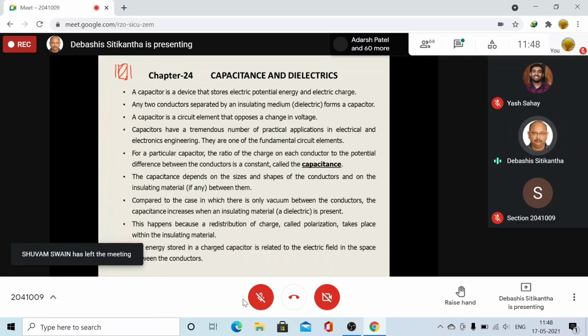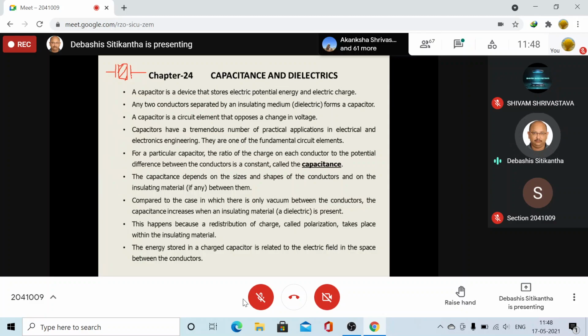So this is definitely going to form a capacitor. And the last one, obviously this definition is the best one, but explaining it to you in detail is a little bit difficult, but still I'll try to explain. A capacitor is a circuit element that opposes a change in voltage. Okay, fine. So one by one we'll study.